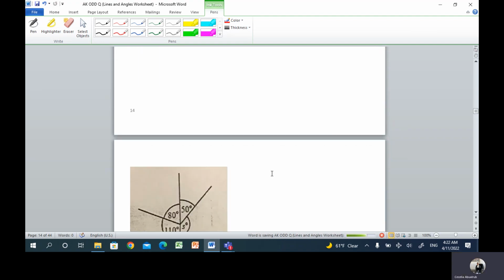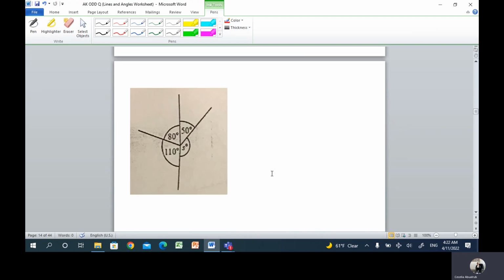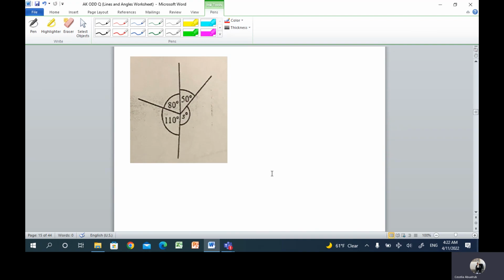Okay, so we are solving the odds. So I'm going to leave this 14 and I will move to this one here. And this one is pretty much obvious. As you can see, we have a point here and there are 1, 2, 3, 4 angles formed from this point.